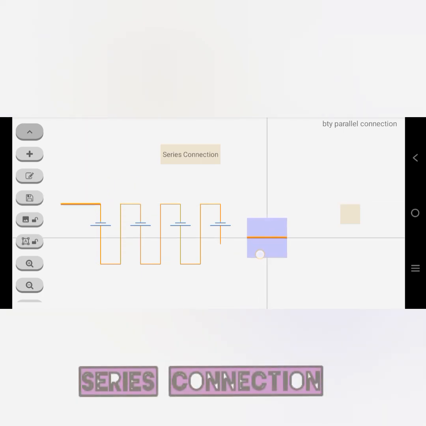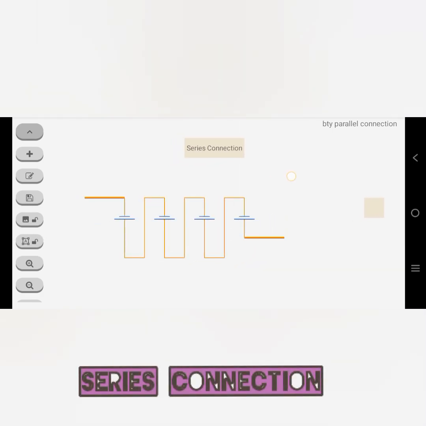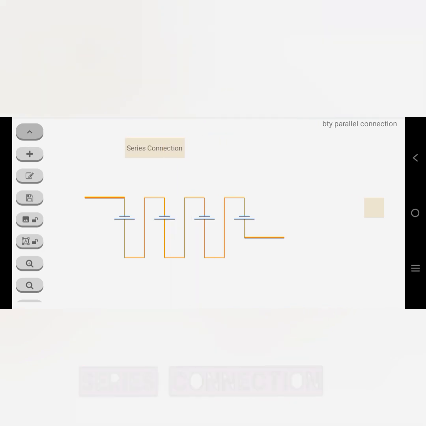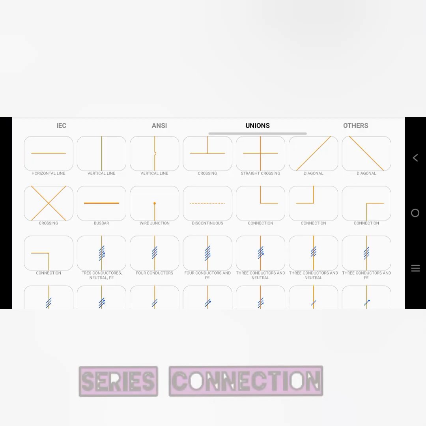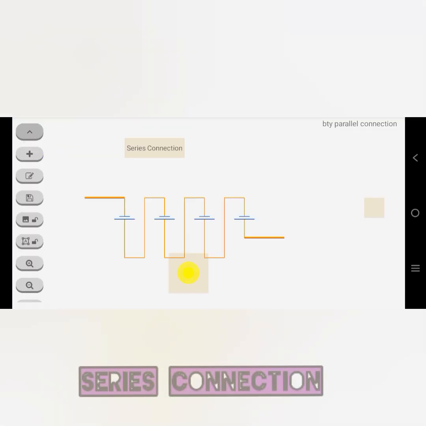So this is how series combinations are made. Just for your knowledge, I am going to give some names to all four batteries.